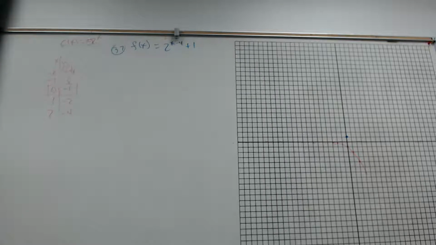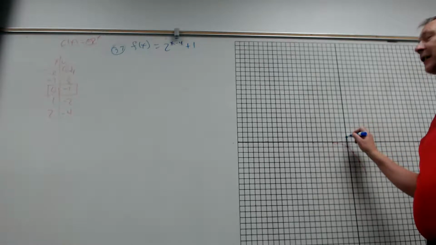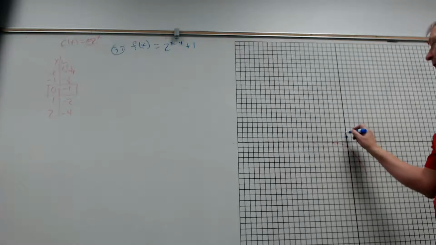Goes up. Down. Left. No. Okay. You actually said the right answer, but I was just trying to mess you up and it worked, huh? It moves it up 1. Okay, so rather than being through 0, 1, we're going to be through 0, 2, right?